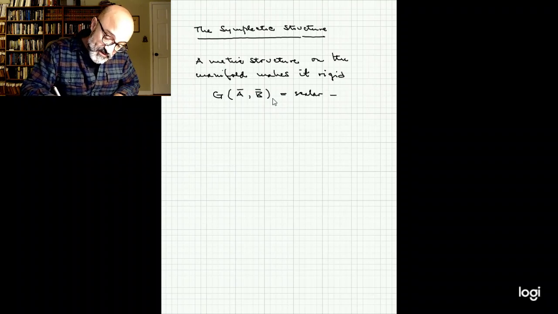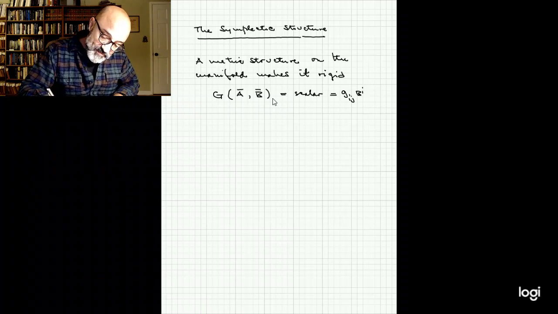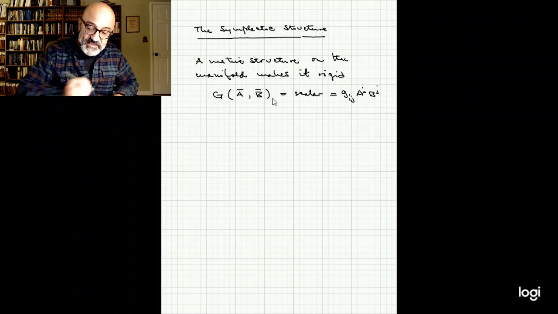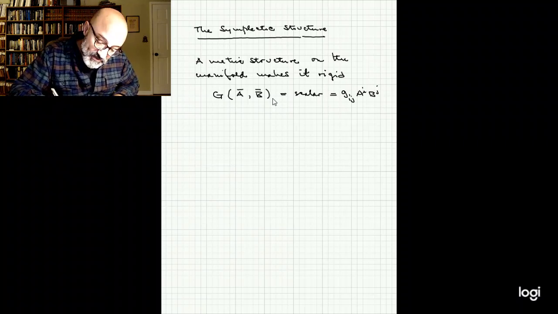The scalar, of course, is G_ij B^i A^j. Something like that gives you a scalar. Very good.